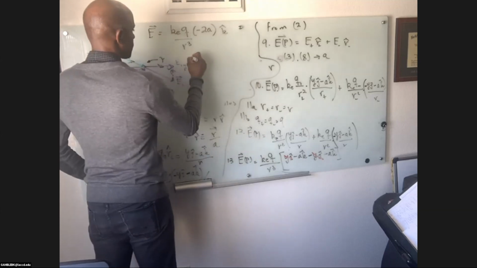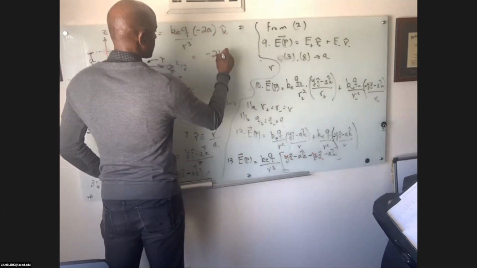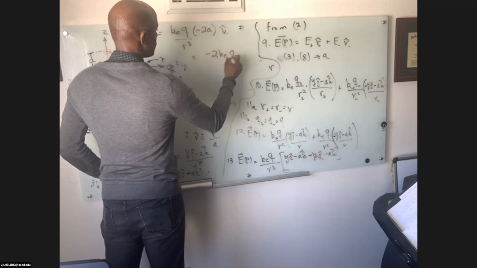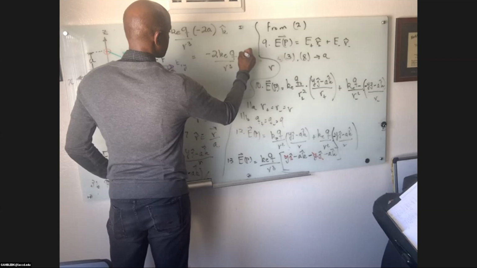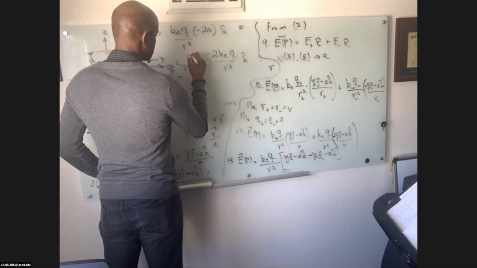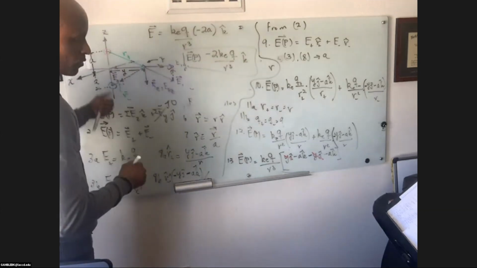Rewriting that, I get minus 2 k sub b q over r cubed times k hat, which is the resultant field of that dipole at this point.